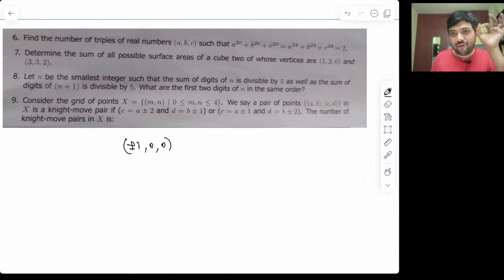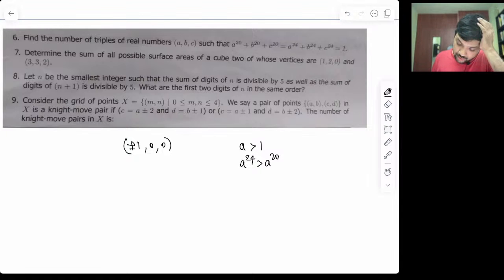I think that even if one of a, b, c was bigger than 1, then a power 24 will be bigger than a power 20, and the remaining can add up to 1.